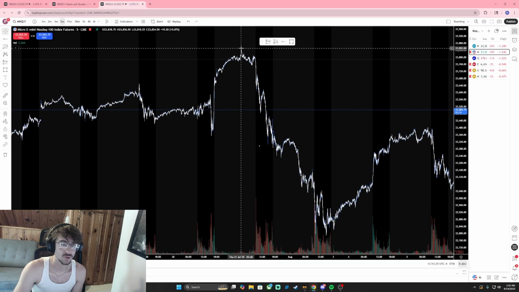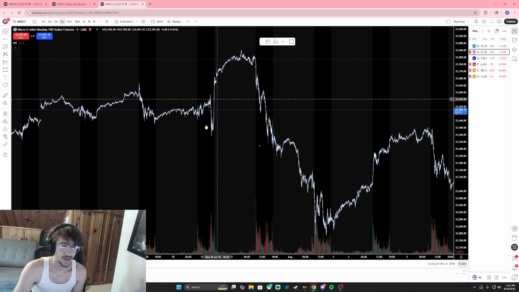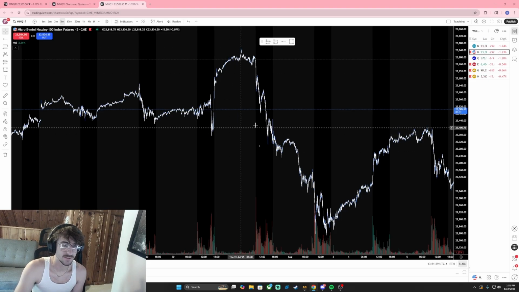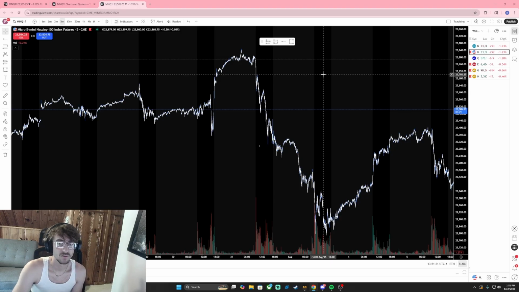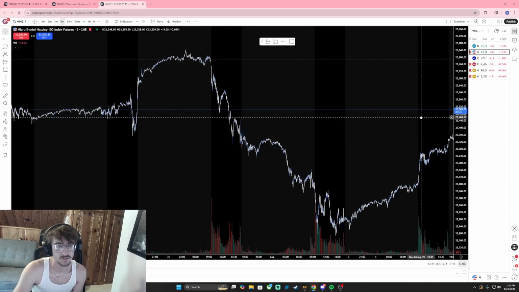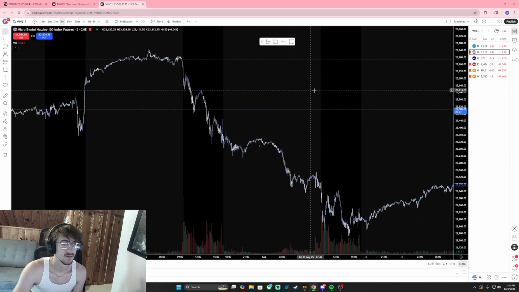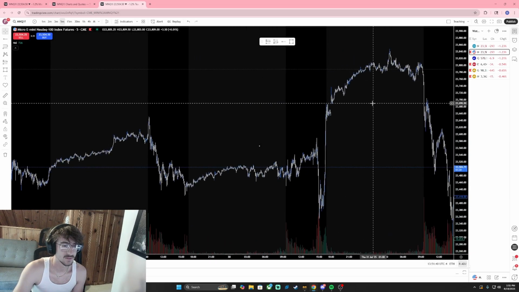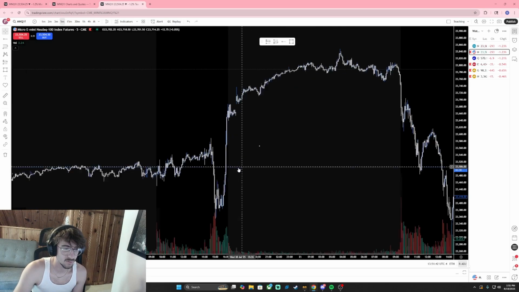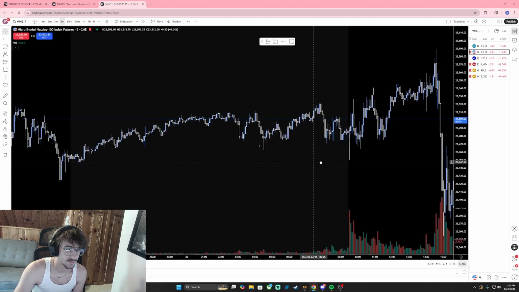So, liquidity is just created outside of previous day highs and previous day lows. Order blocks can be created pretty much almost anywhere. Let's see an example. This could have been an order block. You see how price is reacting to this.